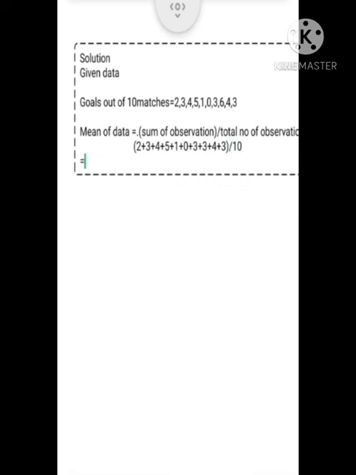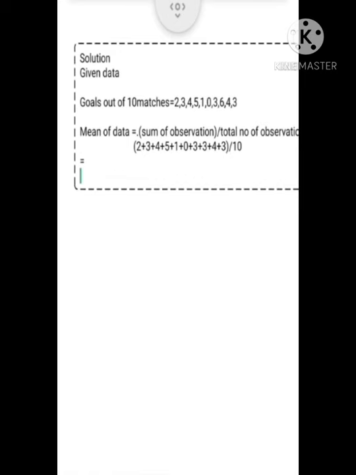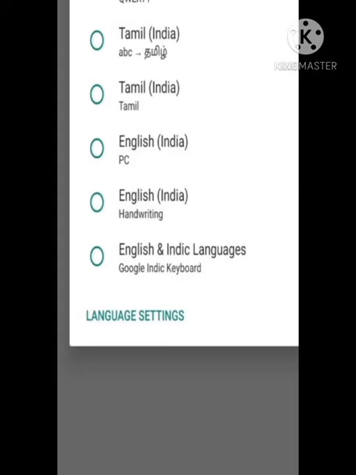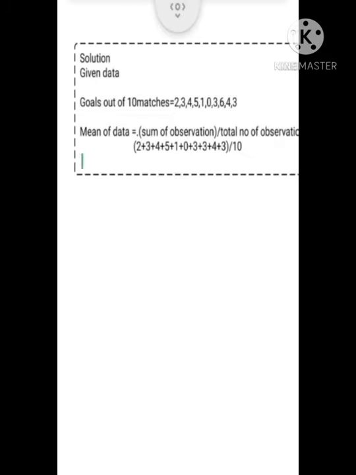So next, what do we get? 2 plus 3 is 5, 5 plus 4 is 9, 9 plus 5 is 14, 15, 18, 21, 25, 28.